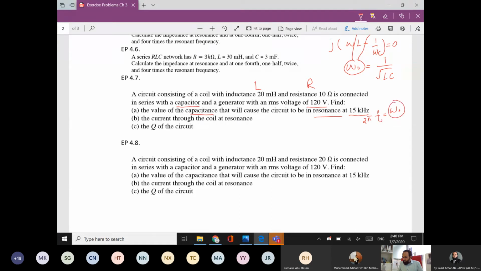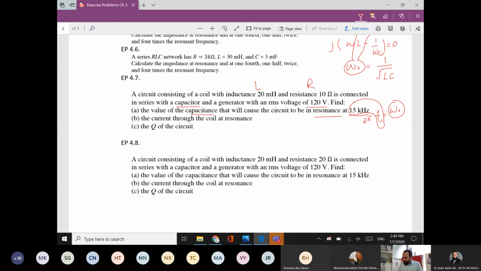Once we find omega naught, we can find C. The value of capacitance will cause the circuit to be in resonance. So the resonating frequency is given, and using omega naught, we can use the formula for omega naught with C, which is again this one. So it's a series circuit here.